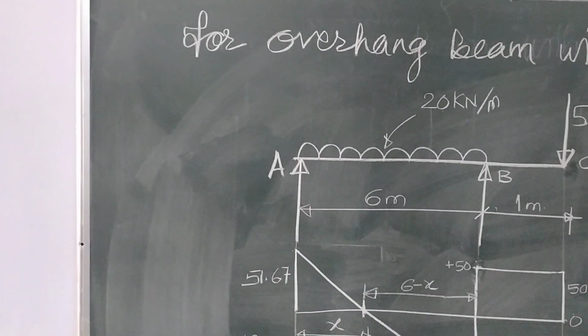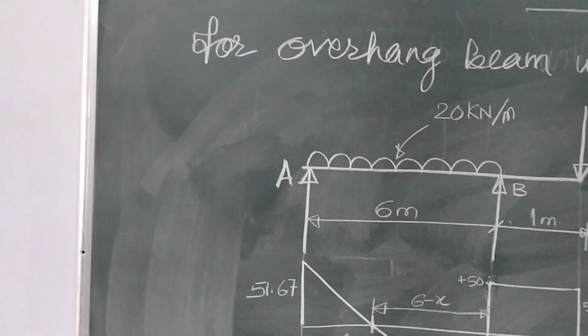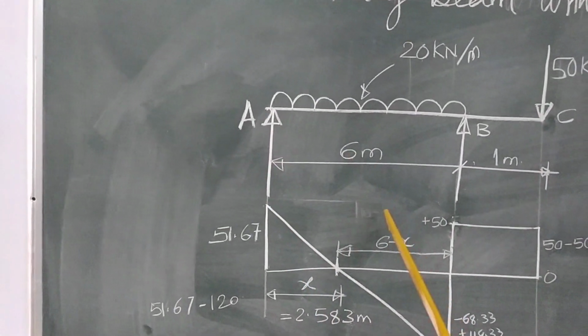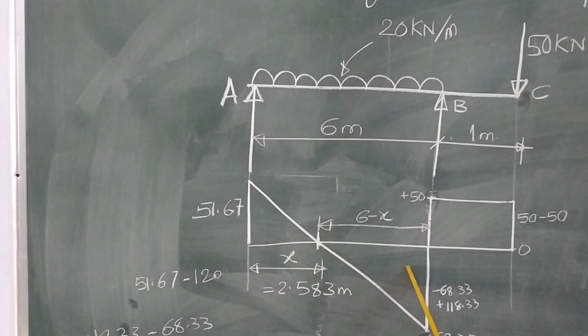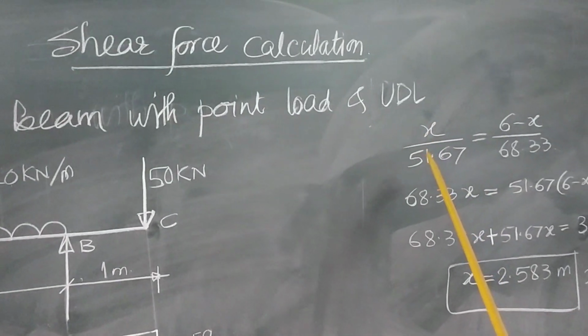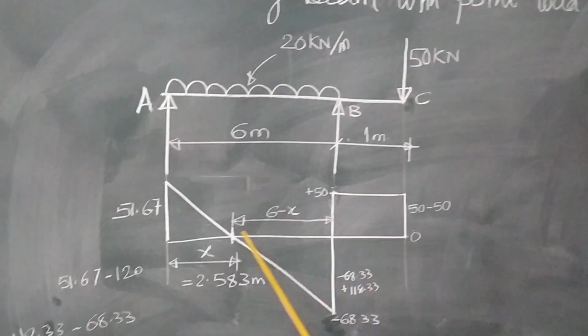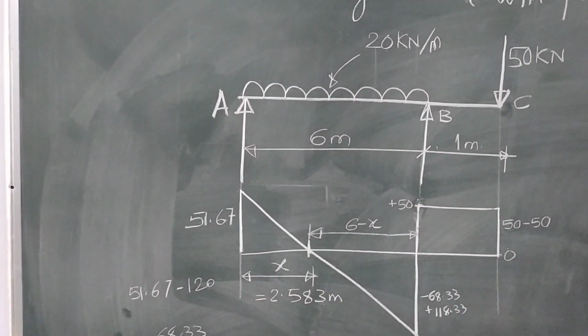You need not measure this. Imagine this as x, this as 6 minus x. Then using the similarity of these two triangles, you have to calculate this point of contraflexure analytically. Don't try to measure and calculate, otherwise you will go wrong.